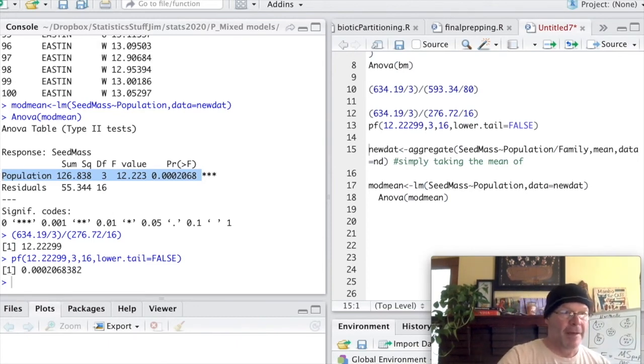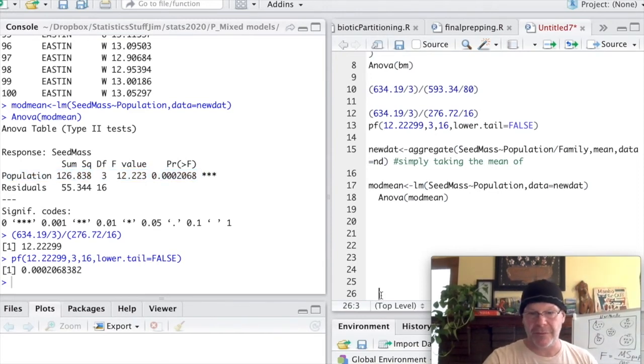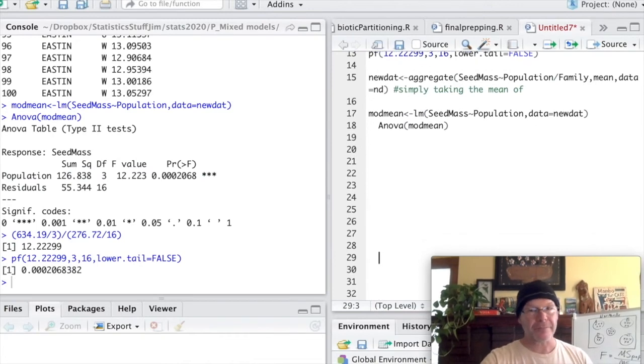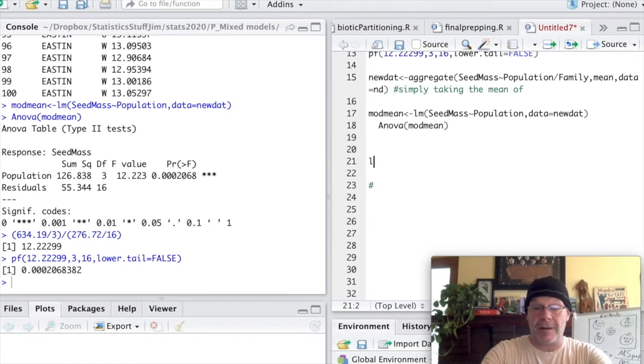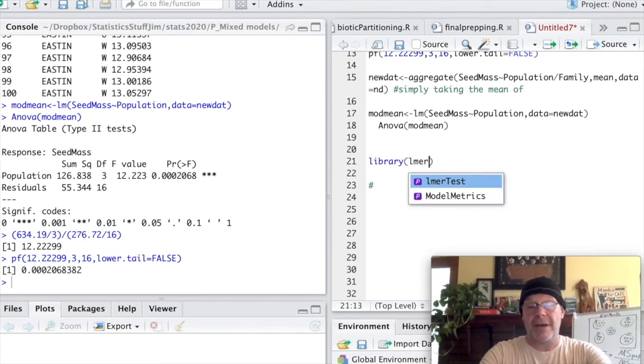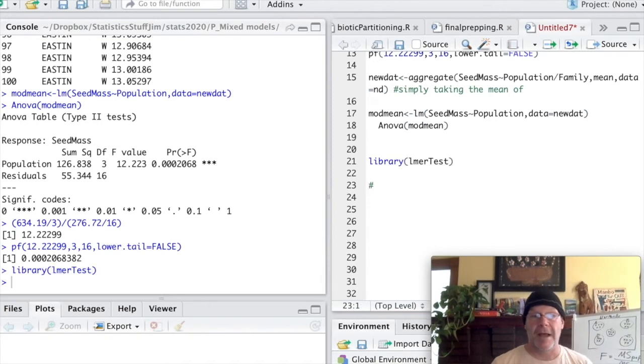Okay, and so let's think about how to set this up as a mixed model, because it is 2020 after all, and for all the things that 2020 has become to us, one thing is true: we feel better about mixed models than we did 20 years ago. So we're going to use our friend, the library, I'm going to call in the lmerTest library, and so that's going to allow me to set it up as a mixed model and, if we were doing a more complex model, we could use the step function or whatever.